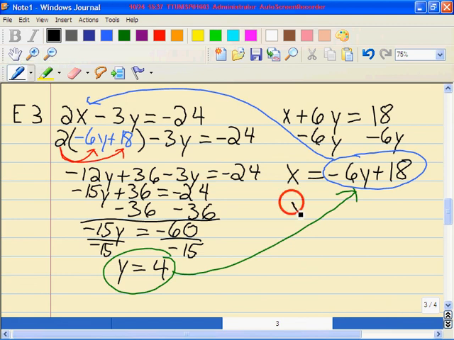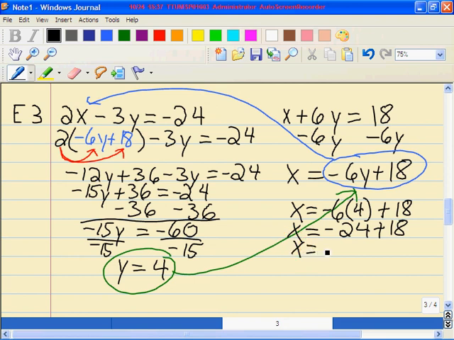So we'll have x is equal to negative 6 times our 4 plus 18. So x will equal negative 24 plus 18. So x is equal to negative 6. Which means I can now write my ordered pair. Negative 6, comma, 4.